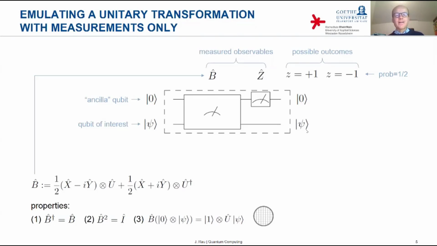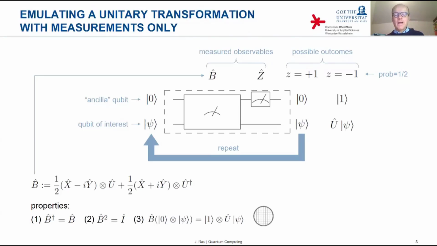In other words, it's precisely the state that you started with. If this happens, you go back and you repeat the circuit. So you go through this circuit as often as necessary until, for the first time, you measure in your second measurement the outcome -1.